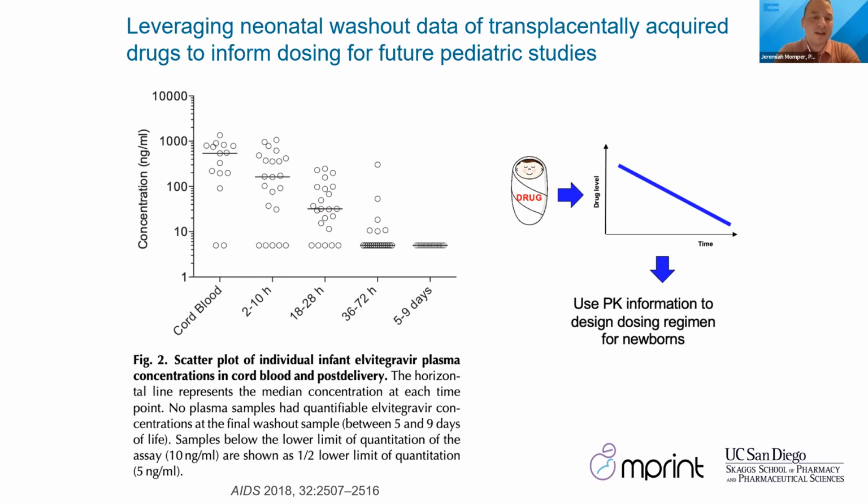And so we can link the cord blood shown on the left-hand side of the graph with washout samples from individual infants. And these are opportunistic samples, so you see some wide windows here, and that's just the nature of how these samples are collected. But this gives us some information about the washout characteristics and the elimination rate of the transplacentally acquired drug in the infant, and we can use that information to design dosing regimens for newborns.